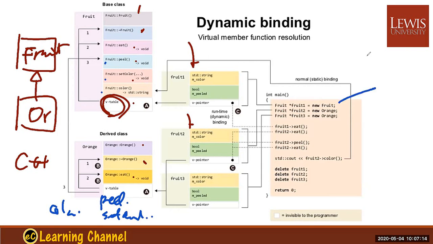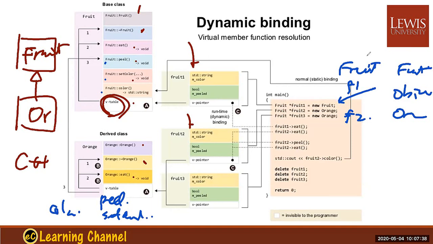Now we create new flu objects. Flu one is a flu object and a flu pointer. Flu two is an orange object, but a flu pointer.